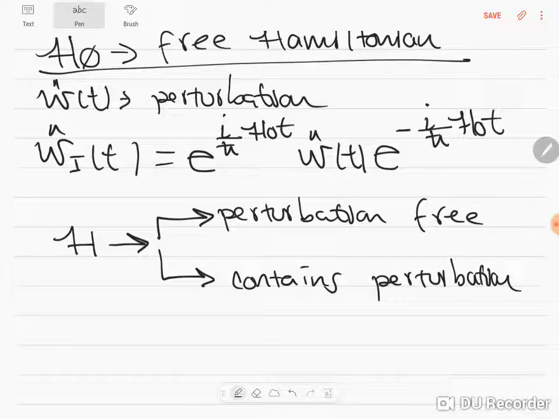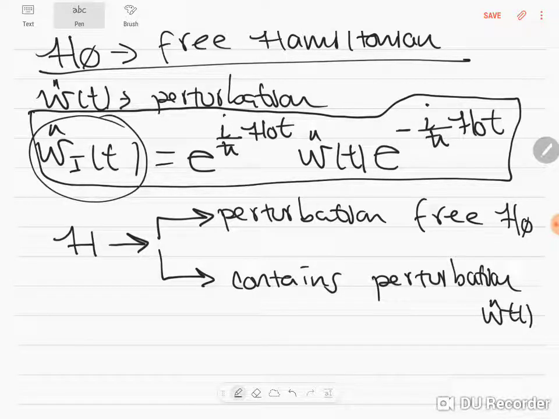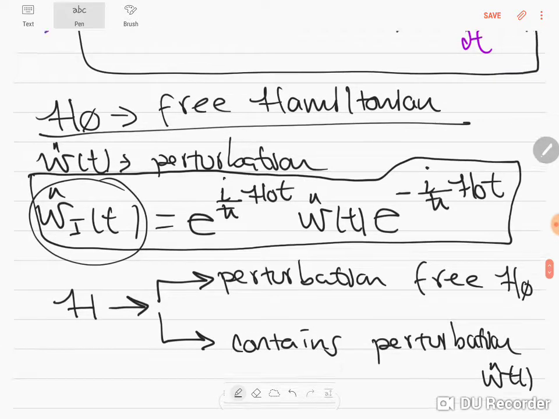And when the part that contains the perturbation, that we call W of t, evolves in time according to the perturbation-free part of the Hamiltonian, according to this rule, then we said that the perturbation is written in the interaction picture. So what does that mean in general?